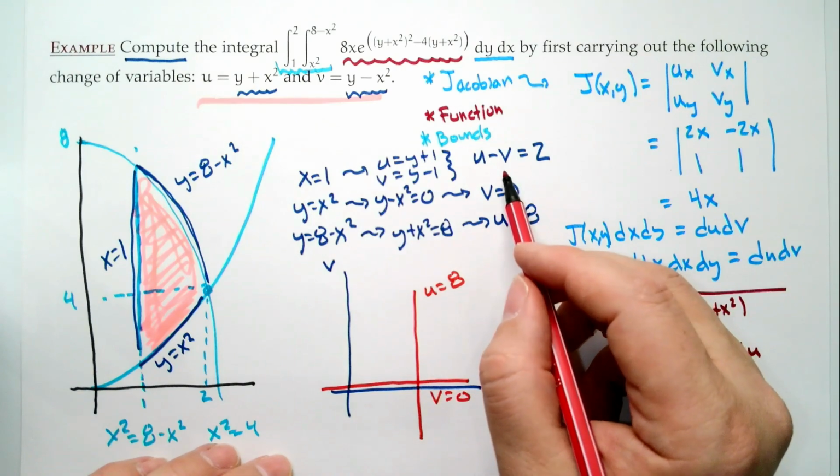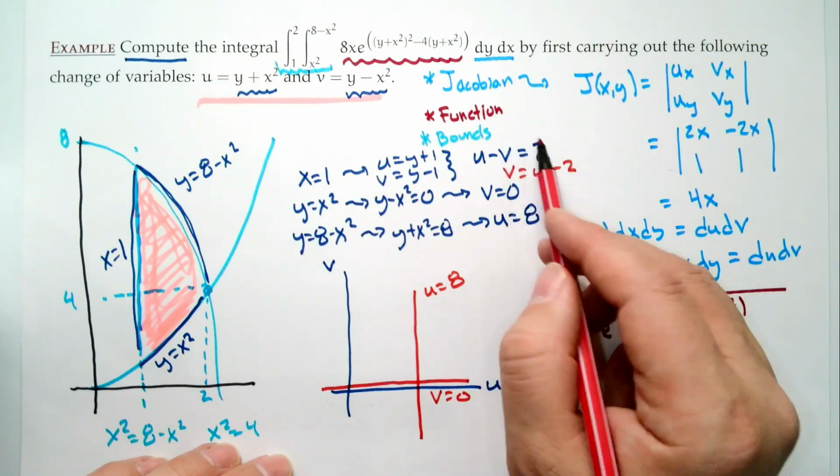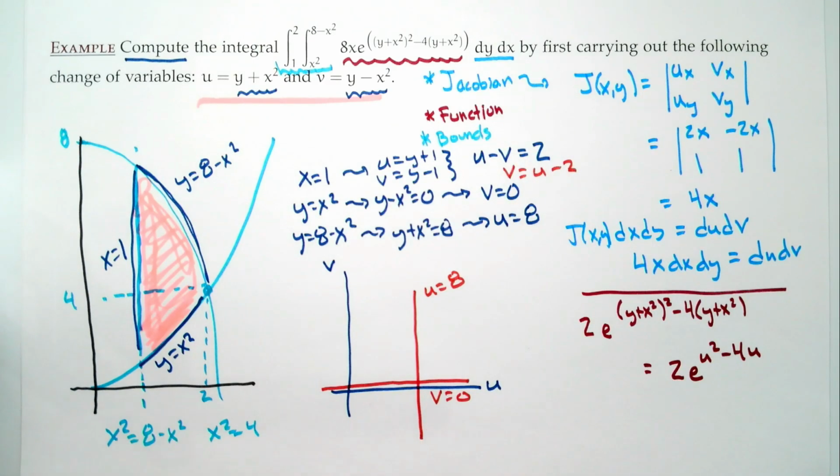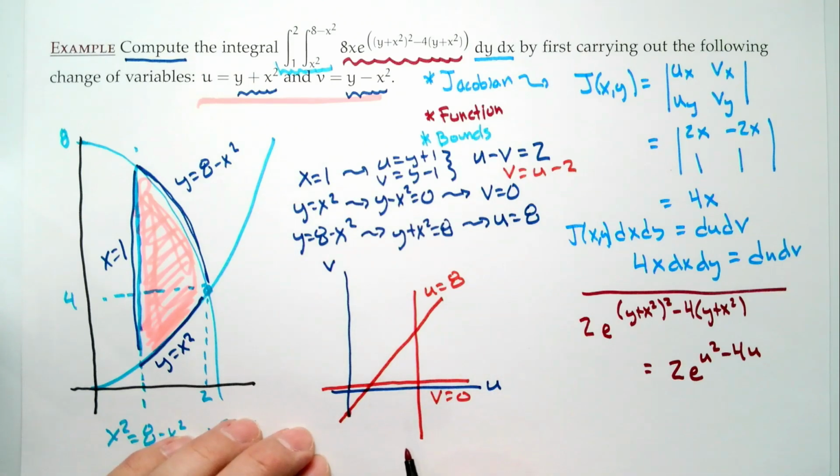It's probably easier to read this as v equals u minus 2, so you swap the u and v. It's a line going up with slope 1 and an intercept of -2. So maybe here's my intercept of -2, and I'm coming up by 1, and there we go.